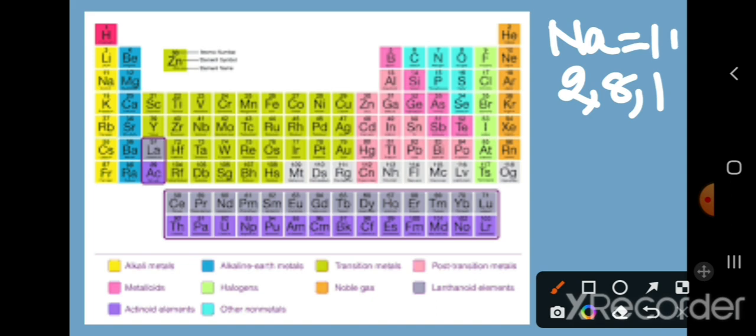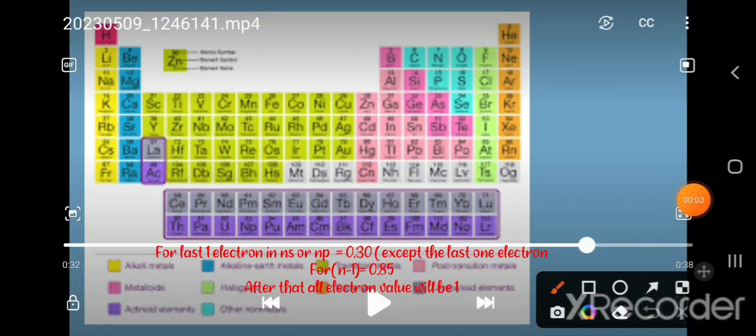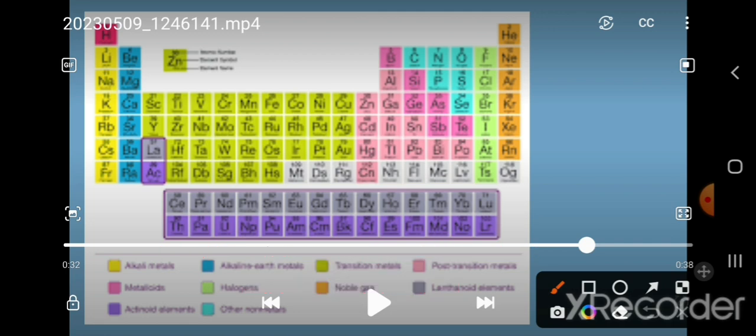Now the previous was about the lithium and sodium. Now if we'll take the example of that second period, then what will happen? We have lithium, beryllium, boron, carbon, nitrogen, oxygen, fluorine, and neon.